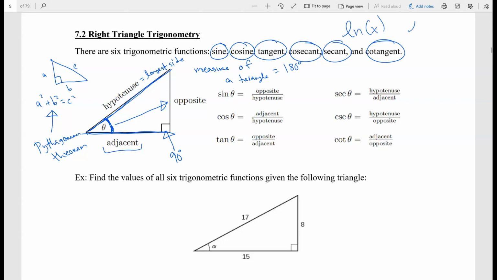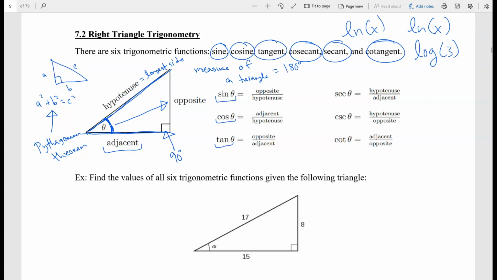We don't just write ln, that doesn't make any sense. It's ln of something. Or when we do logs, we have the log of 3 or something like that. Same thing here: the sine of what? Of theta. So the sine of the angle is the opposite over the hypotenuse. The cosine of the angle is the adjacent over the hypotenuse. And so on and so forth.